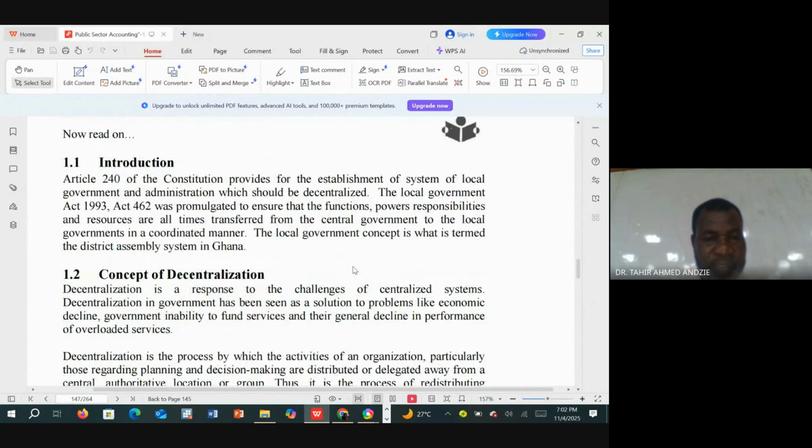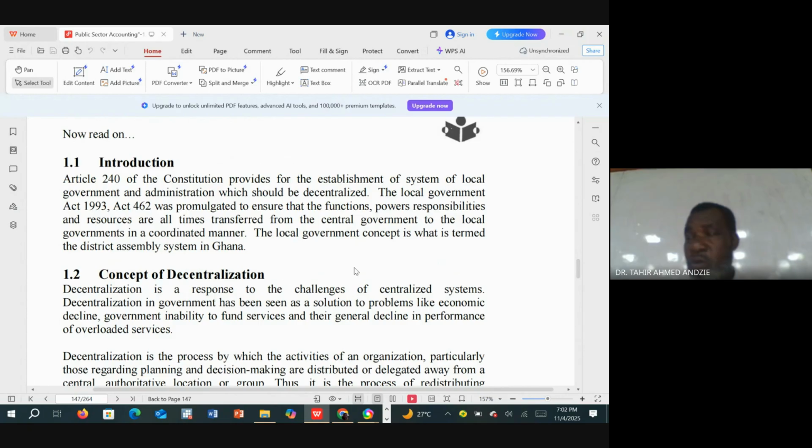So that is about the central government. This was contained in Article 240 of the 1992 Constitution, and that actually gave birth to Act 462, and the Act actually ensured that functions of government, powers, responsibilities, and resources are at all times transferred from the central government.